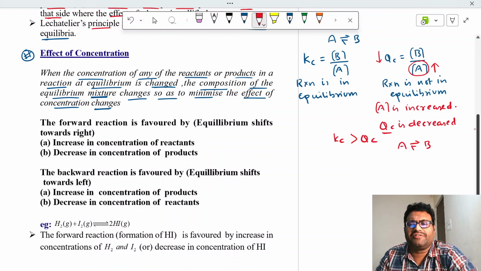To attain equilibrium, A must decrease. If A has to decrease, then what should happen? The forward reaction must increase. So net forward reaction occurs.